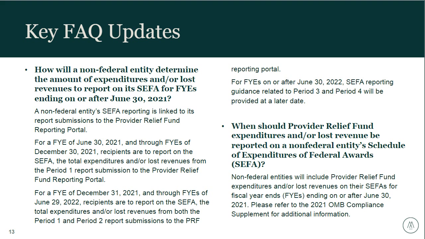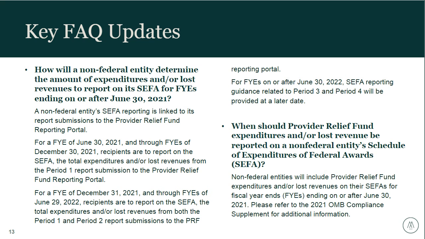Now, with this change in reporting that Georgia discussed, breaking the reporting up based on the period when the payments were received, the SEFA recognition is still going to be linked to the reporting submissions. What that means is there's likely going to be multiple instances of a single audit if an organization meets the threshold.